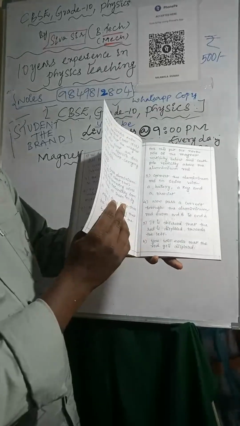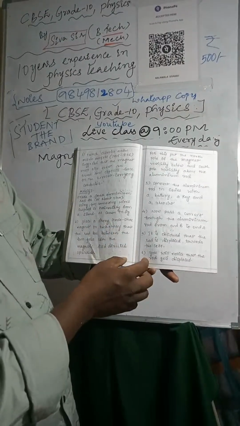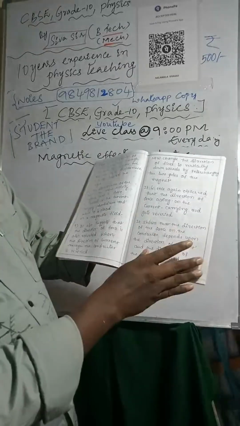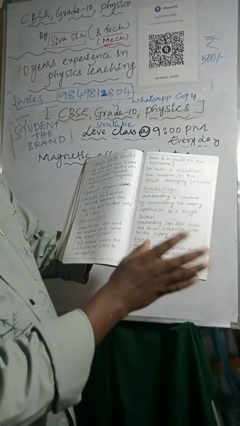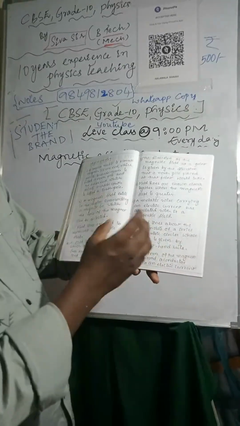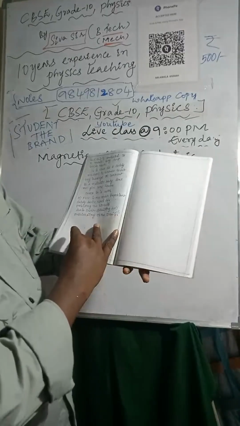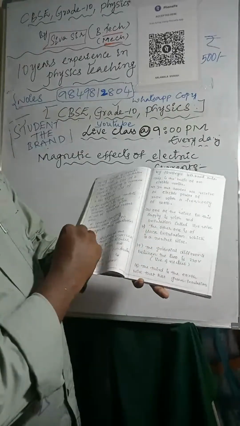Then short circuit, overloading, and earthing. Fuse and earthing are also there. So that's enough for magnetic effects of electric current.